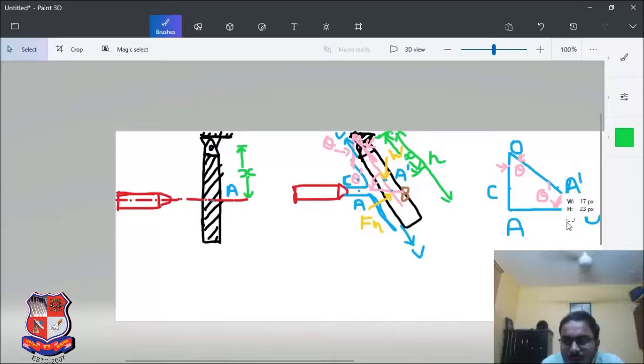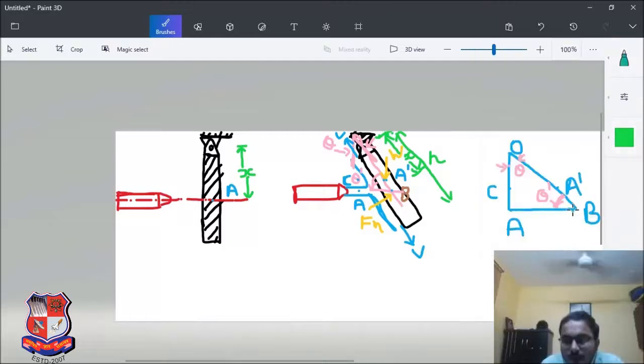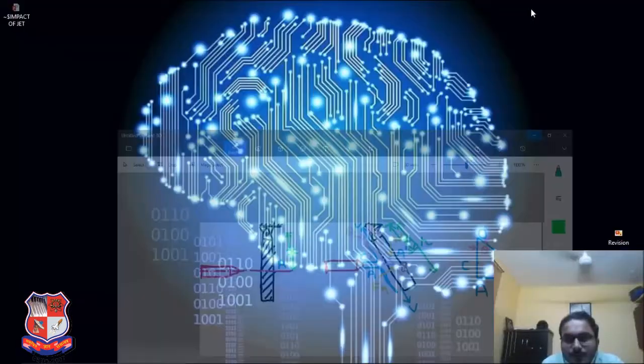Fn is acting here. So Fn is acting at a distance of capital OB.